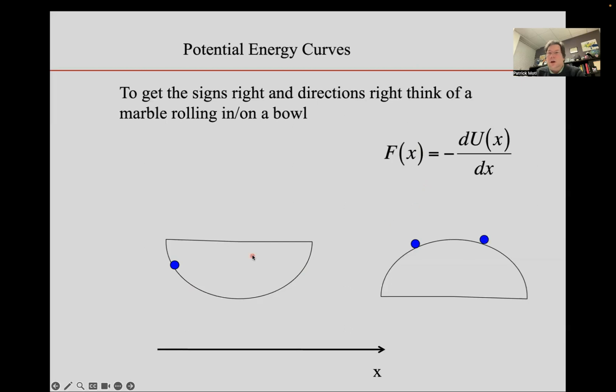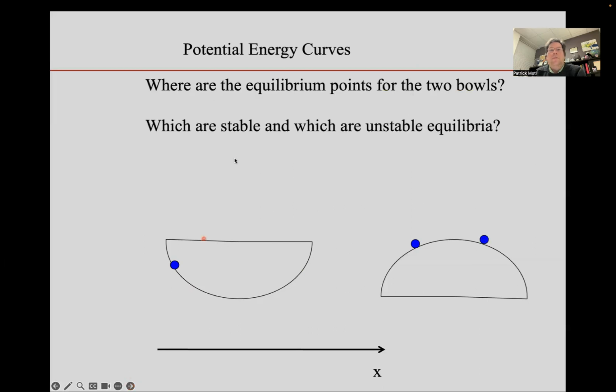And the next thing we want to talk about is not the first derivative, but the second derivative, whether a potential function is concave up or concave down. So, equilibrium points for these two bowls, and whether they are stable or unstable.